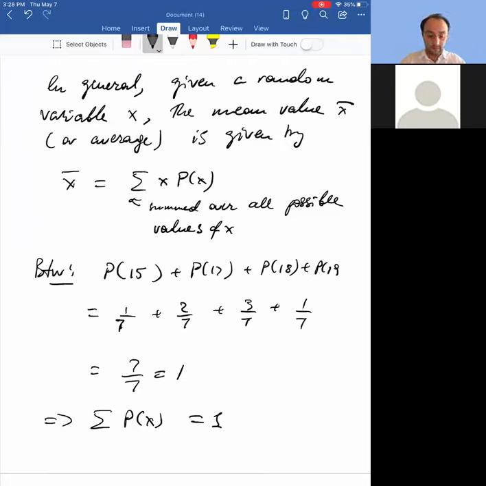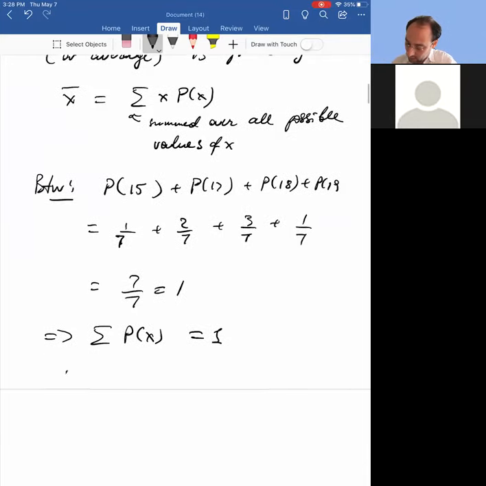In 42.8% of the cases, it will be a person of age 18. And in 14.2% of the cases, it will be a person of age 19. But those percentages must add up to 1. The sum of probabilities is 1. This is called normalization.